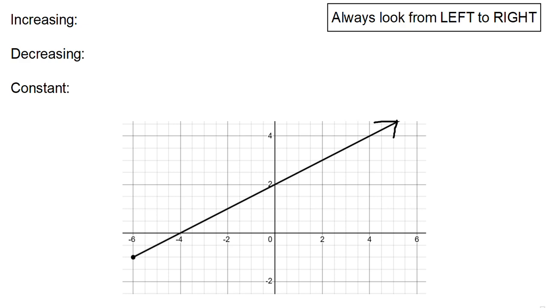In this second one, I think we should be able to see right off the bat that, again, it is only ever increasing. It starts over here at -6. That's where it begins to increase, where the graph begins, with a bracket, because it's a closed endpoint.